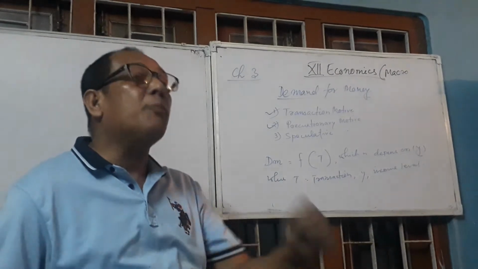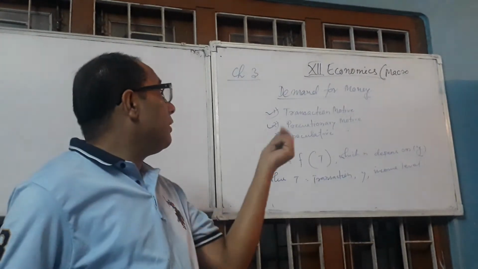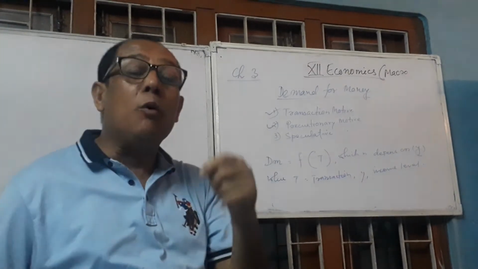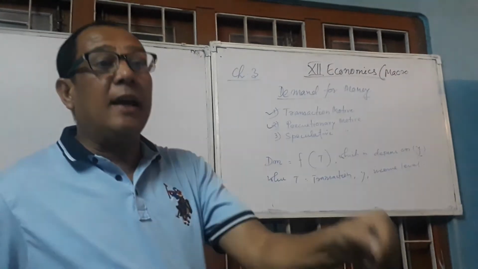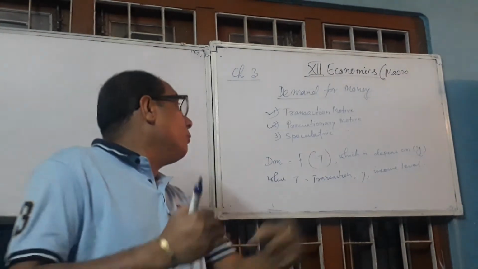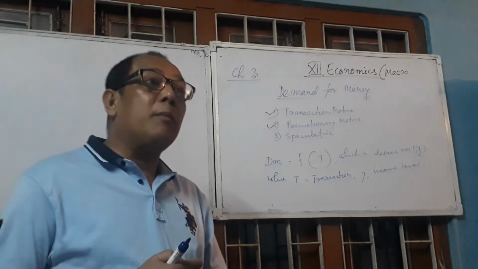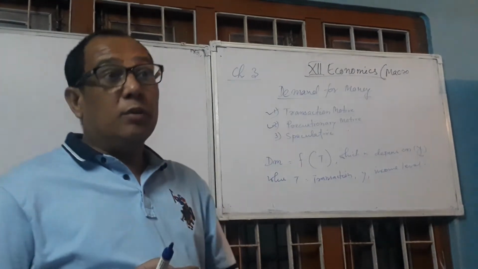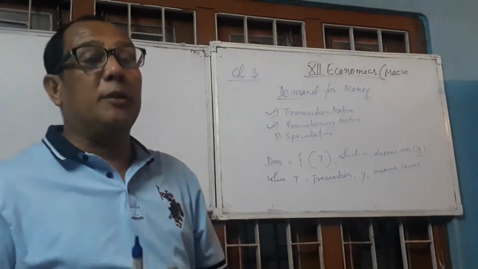In those cases, you have to spend money as quickly as possible. Therefore people want to hold cash in their hands to deal with unseen problems, which cannot be avoided. When people demand money for this reason, that is known as the precautionary motive.